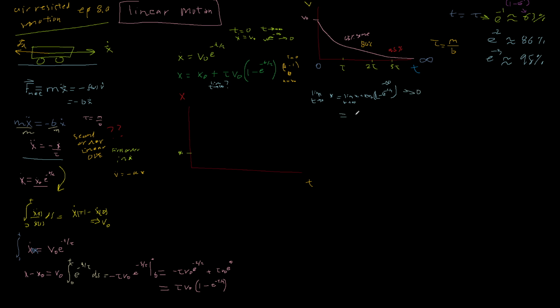So this is equal to x naught plus tau v naught (1 minus 0), or just x naught plus tau v naught. This is the maximum, our highest possible value. I'm going to call it x infinity. Our distance traveled is going to approach this value asymptotically as t approaches infinity.